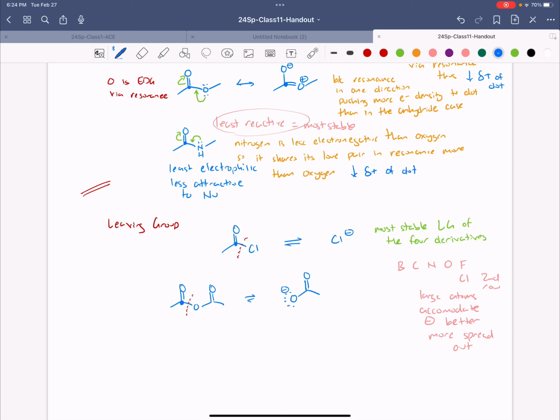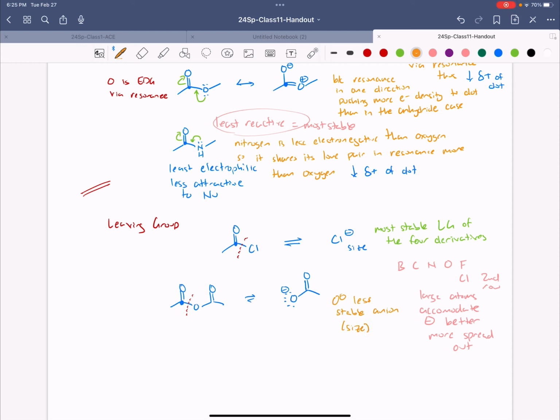Yes, oxygen is more electronegative, but the size of chlorine is more important, and chlorine is much bigger than oxygen. So this is a less stable anion. The O minus is still stable, but it's less stable than Cl minus. And it's only because of size.